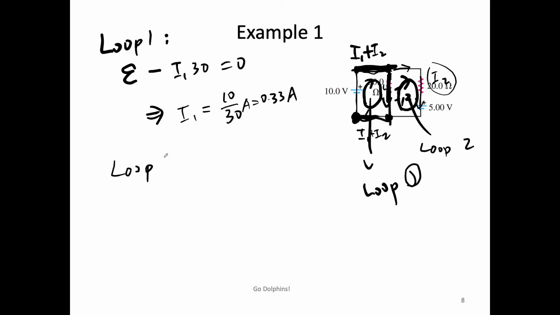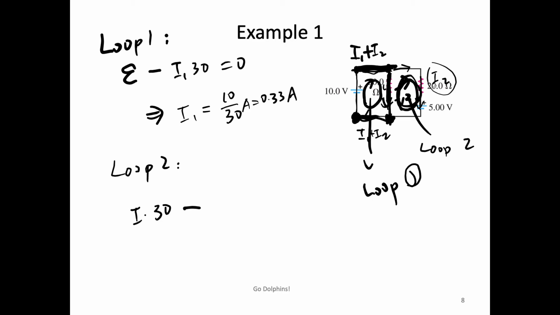In loop 2, I go from here, going along the loop. The current here is pointing down, so I should have I1 times 30. This is the potential change, right? I need to know if it is a positive or negative change. I follow this loop from here to here, and the loop is in the opposite direction of the current, so it should be a potential increase.